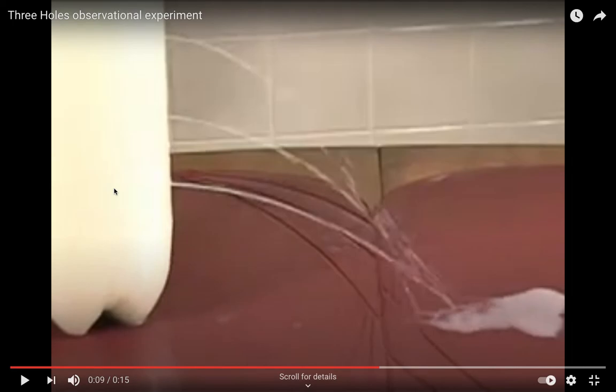Lubang paling bawah, good, thank you very much. So at the hole at the bottom of the bottle here, okay, we can see that the liquid is going furthest. Paling jauh. Why? Because of the highest pressure here.